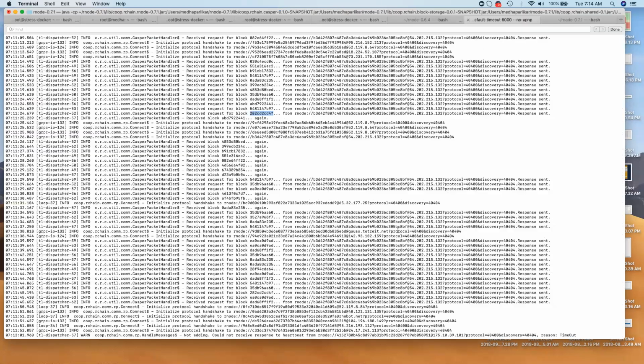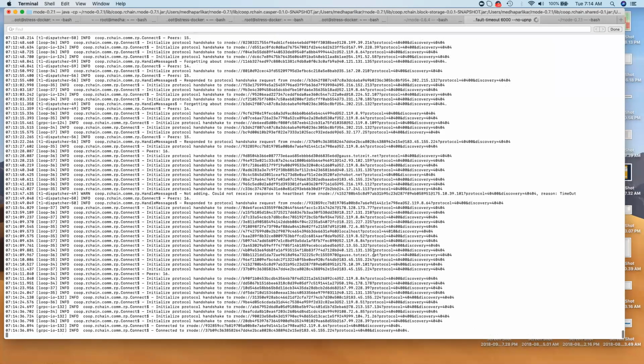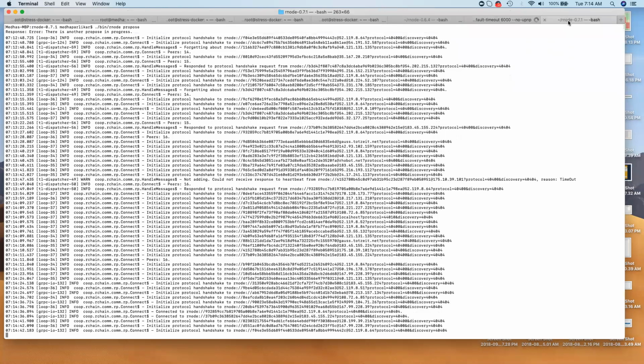So I stopped and restarted my node, and I'm going to see if I can. I cannot find that block. It means I cannot bond. You're not bonded yet, yeah.